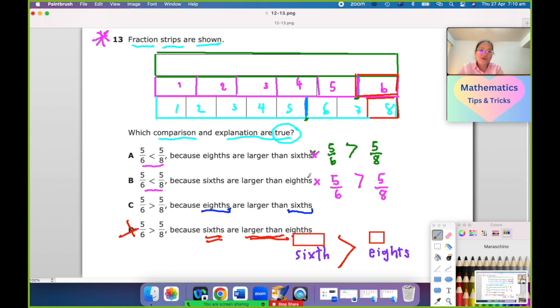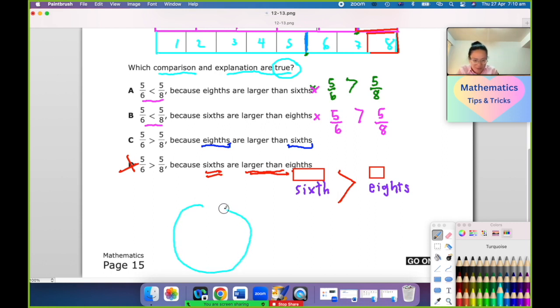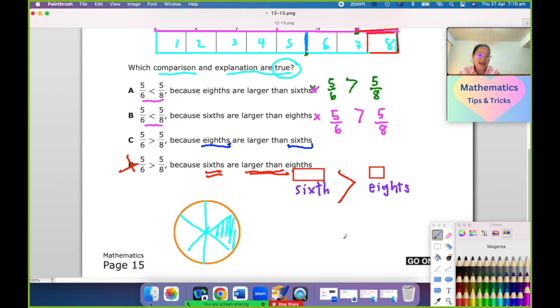Okay, let me show you something very quick before we go to the next one. When you have pizza, you need to understand that if you divide it among 6 friends, one piece is greater than when you divide it among 8 friends.